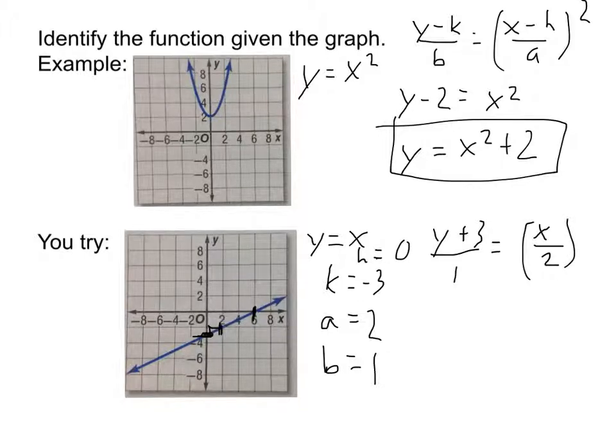So really I don't need that 1, because if we're dividing by 1 it's the same thing. Really it would become y equals x over 2 minus 3. Now your book would probably make it y equals 1/2 x minus 3, which is easier to see that that has a slope of 1/2 and a y-intercept of negative 3.